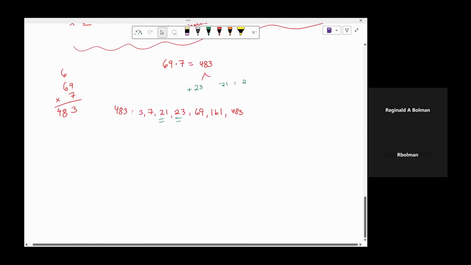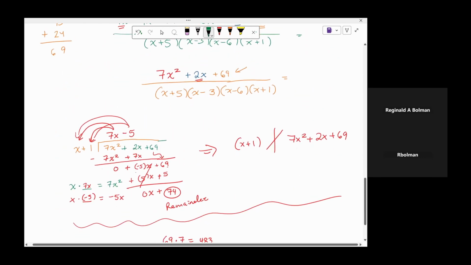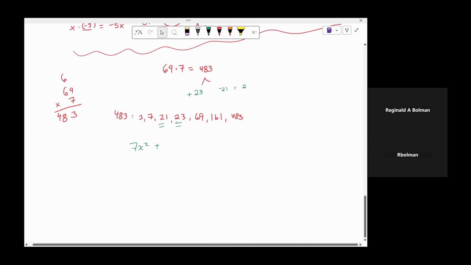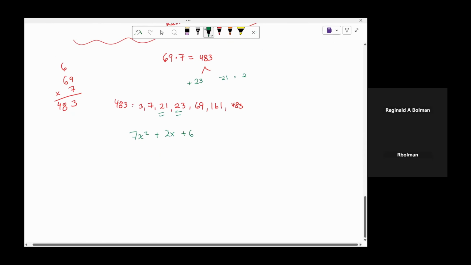So what this tells me is that 7x squared plus 2x plus 69 must equal 7x squared plus 23x minus 21x plus 69. I'm sorry, I got that backwards at first.